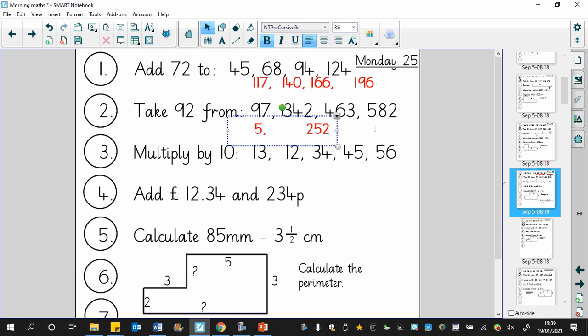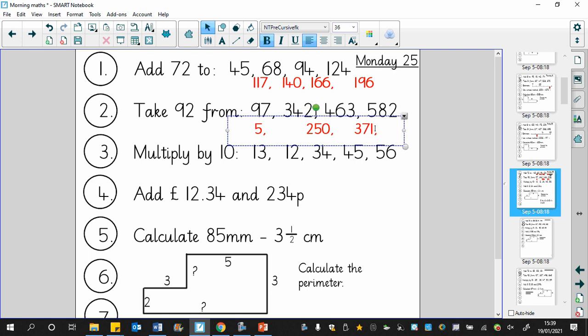And then we take away another 2, so we are left with 250. Yeah, that's correct. Next question, 463. If we take away 90, we will get 373. Yeah, that's correct. But we need to take away another 2, so it's 371.